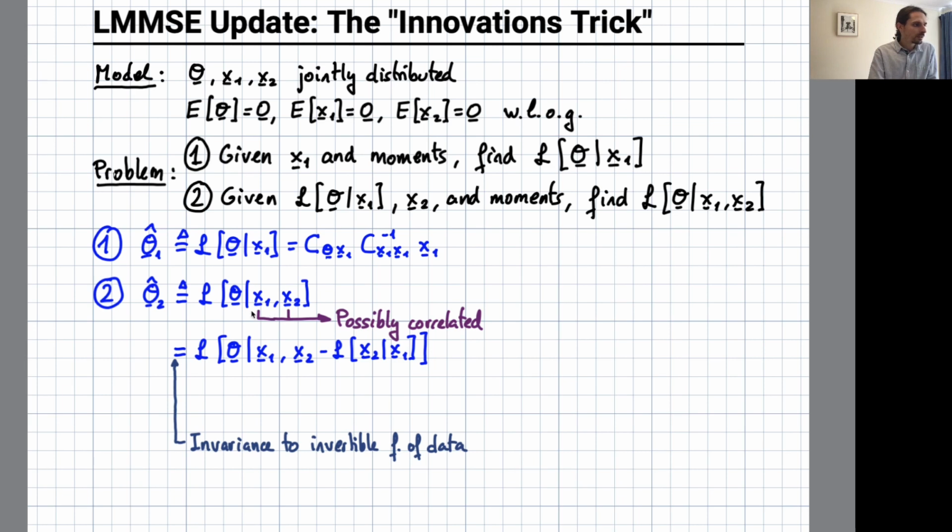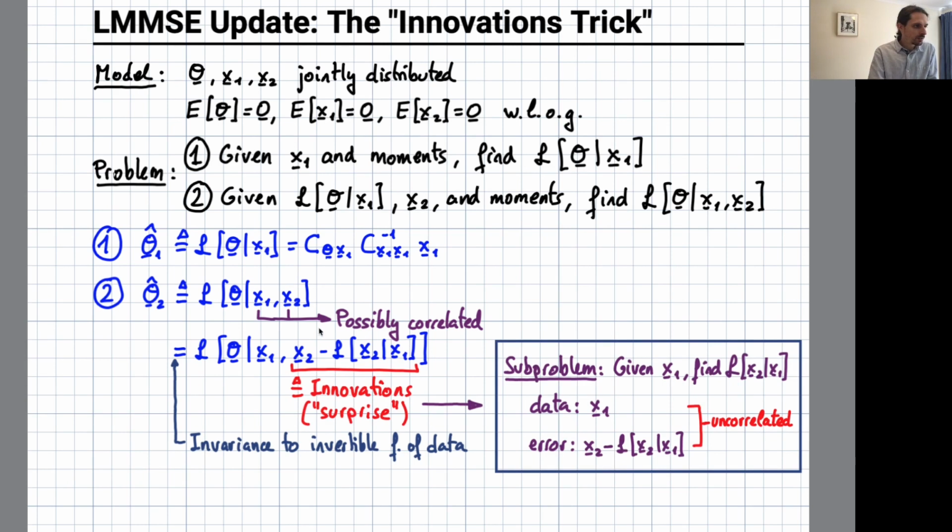Therefore, these two LMMSE estimators are the same, as per the property that we saw last time about the invariance to invertible functions of the data.